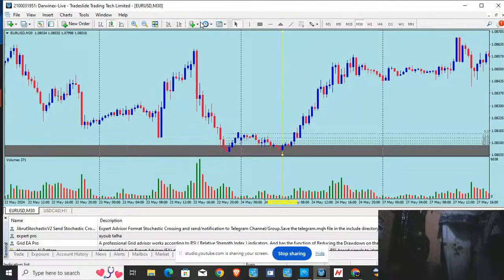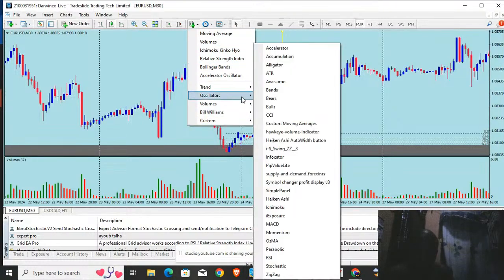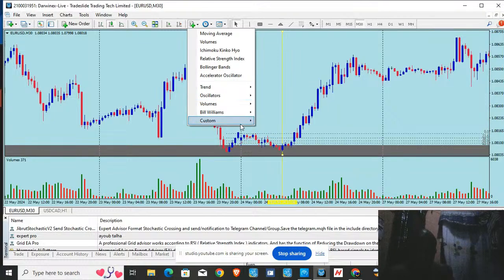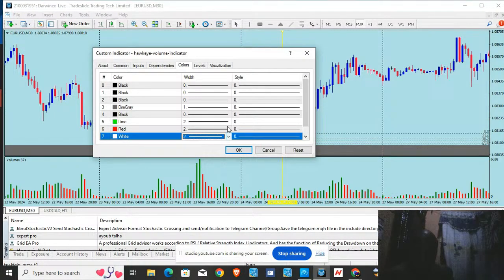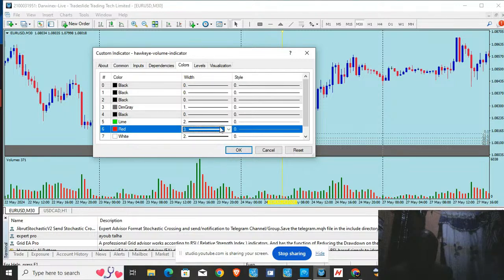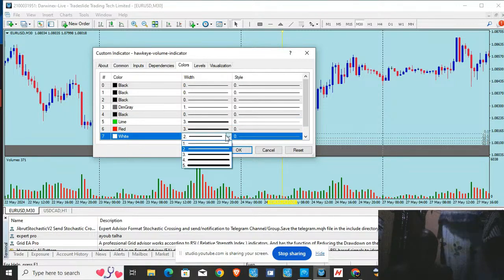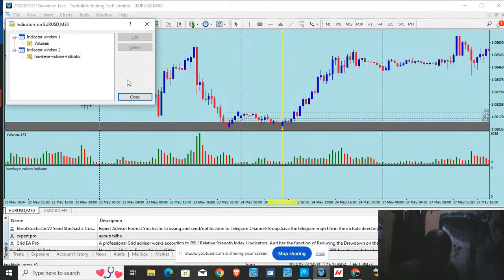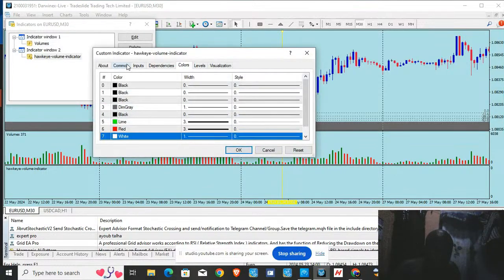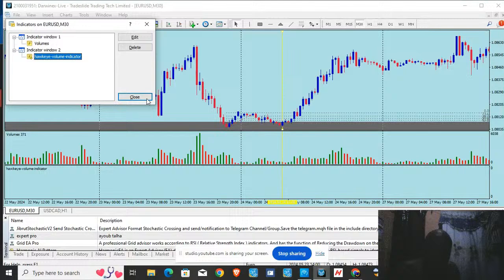But I normally use it in conjunction with another one, the Hawkeye volume indicator. Oh, it wants me to enable something to allow DLL imports before it could come.